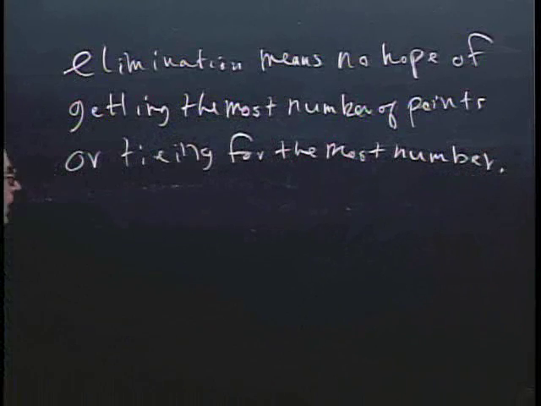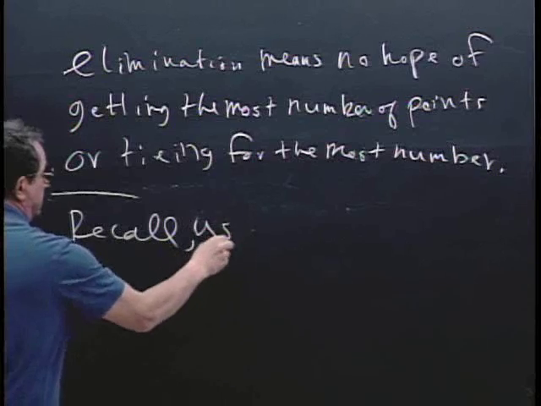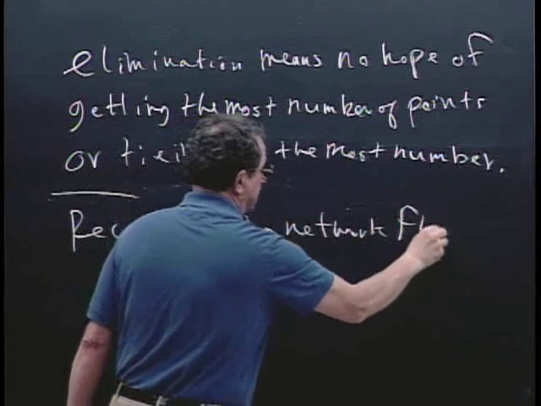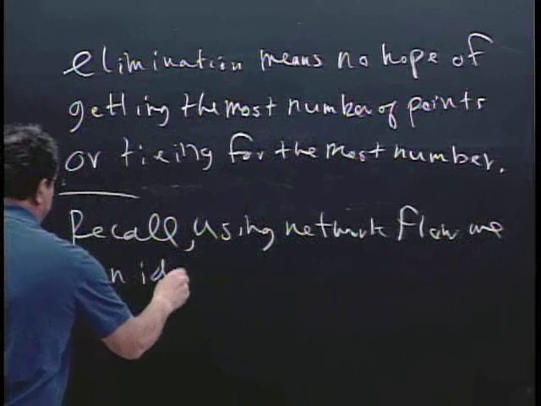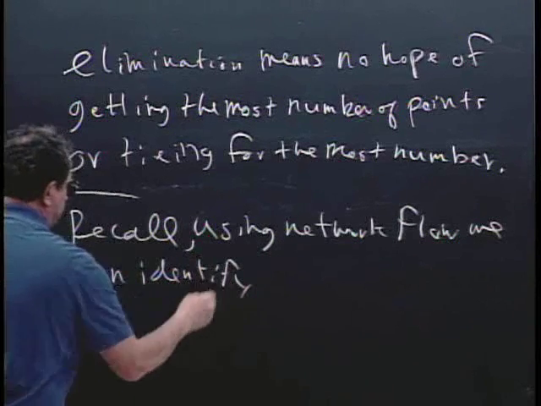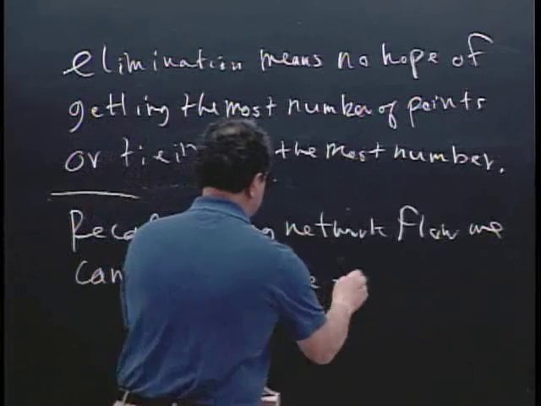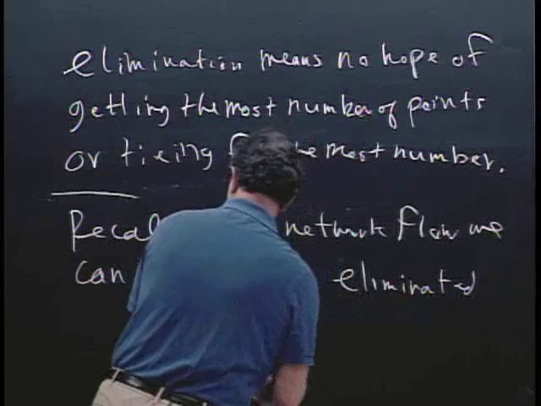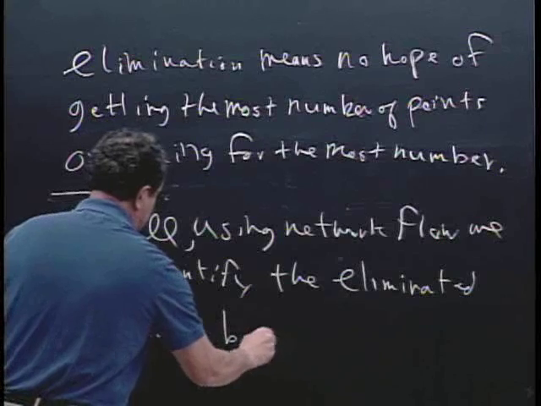Okay? And what we talked about last time, recall, using network flow, we can identify the eliminated teams in baseball.